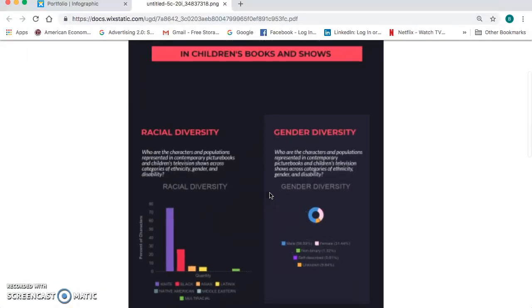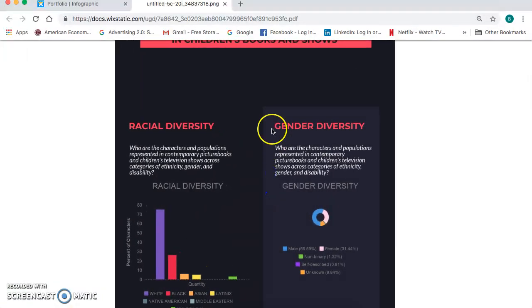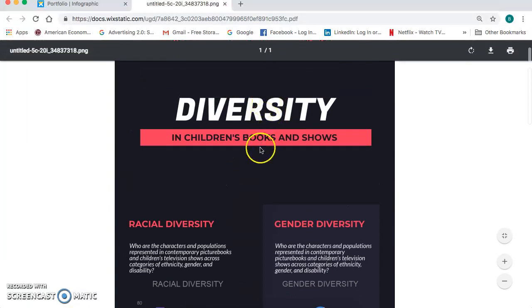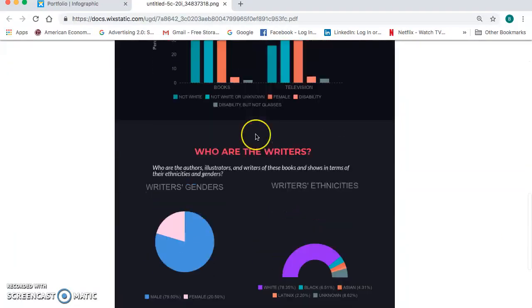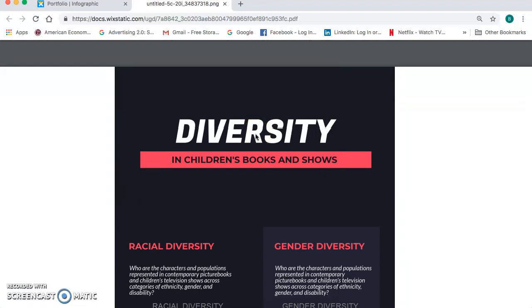Now, for the infographic, I did kind of a summary of the main points of the data I found. I based each section, for example, off of the main three research questions that we asked, that we found data off of, and summarized it in here.